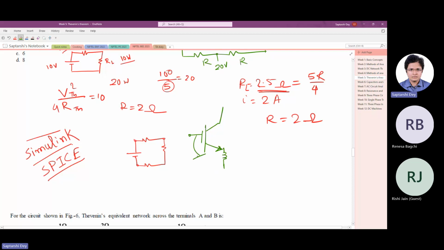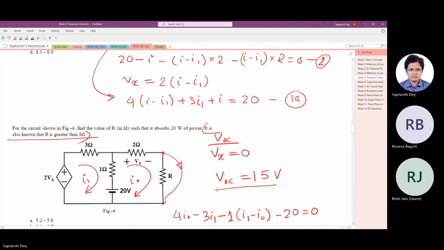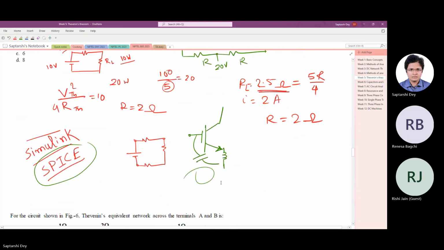When you solve the circuits, you get the actual response of the circuit. But I would not suggest you use at least SPICE at this level, because you will not be able to appreciate the use of those softwares and it will be a waste of time, I believe. Simulink is still okay, but SPICE has a completely different objective. That is definitely not to solve this circuit or this circuit.